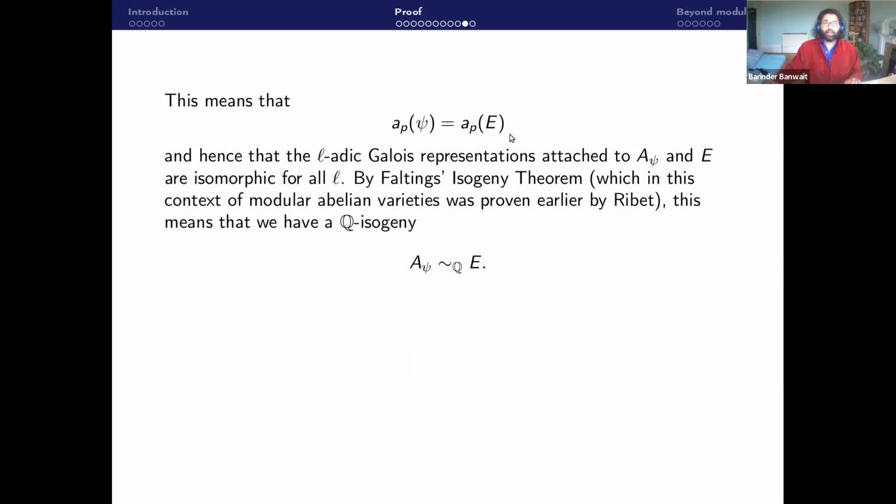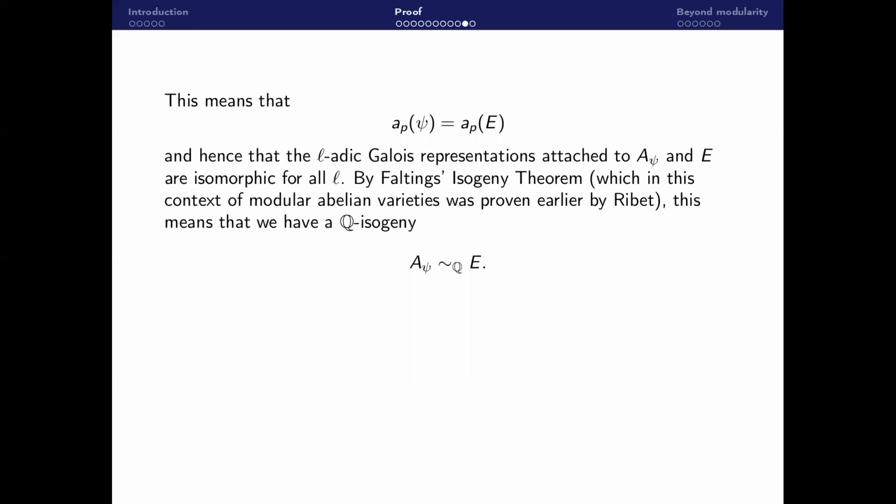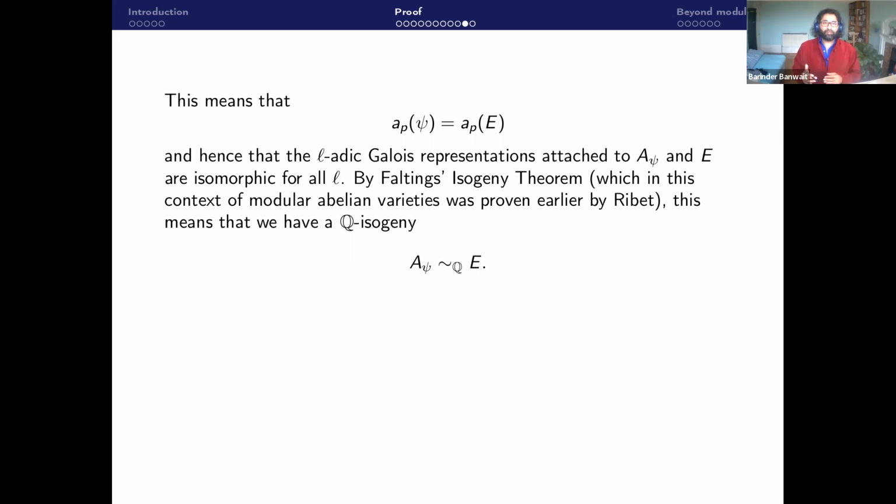If you know that the a_p values are almost all the same, I think even density 1 might be enough, then the l-adic representations are all isomorphic. And that is equivalent to the abelian varieties being isogenous over the base field. That this is true in general is a major theorem of Faltings.